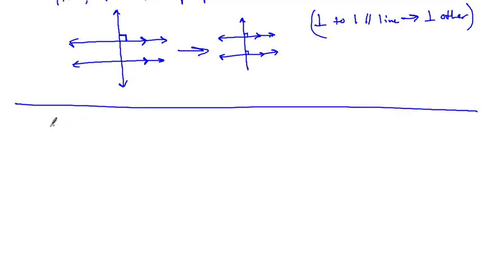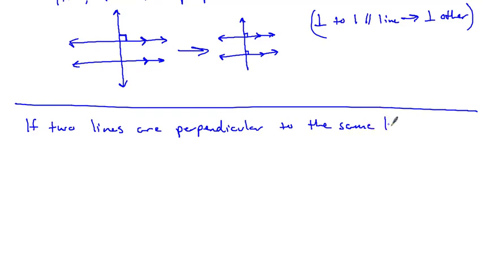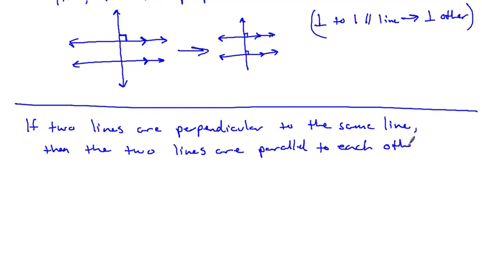If two lines are perpendicular to the same line, then the two lines are parallel to each other. All right, so quick example.